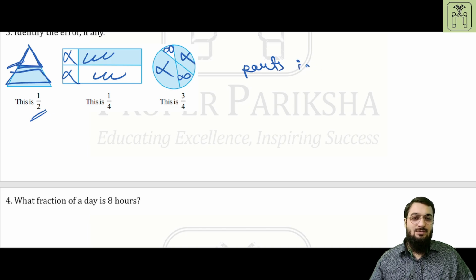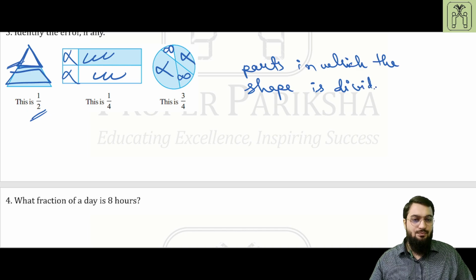the shape is divided are not equal nor identical.